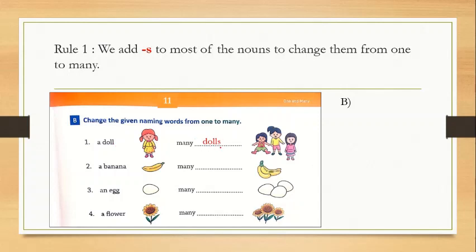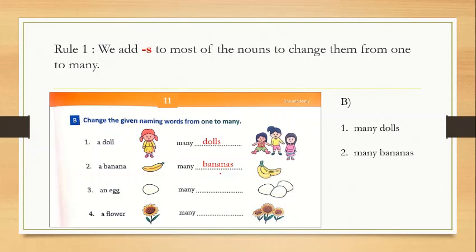We just added S at the end. Similarly, second is a banana. What will we add to change banana from singular to plural? We will add S, so we get bananas. One banana, many bananas.